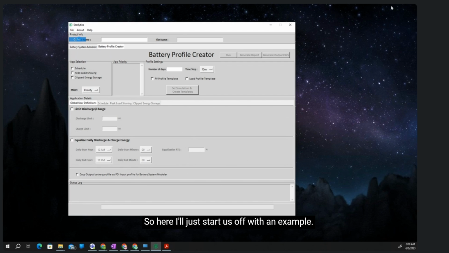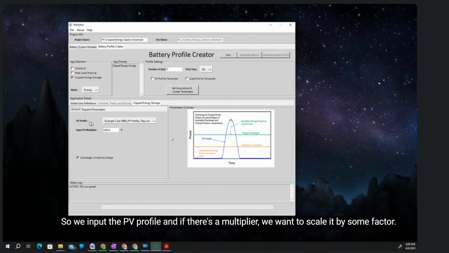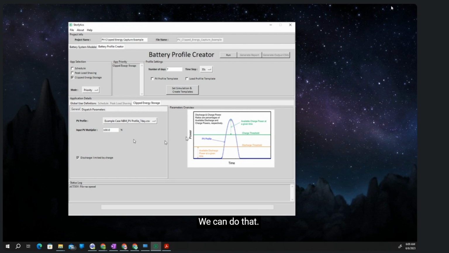So here, I'll just start us off with an example real quick. This one is based on clipped energy storage. Here, we're assuming that we're charging a battery from a renewable facility, in this case, solar. So we input the PV profile, and if there's a multiplier, we want to scale it by some factor, we can do that.